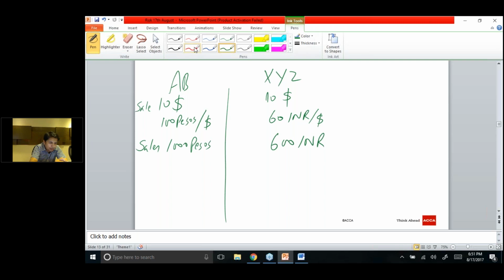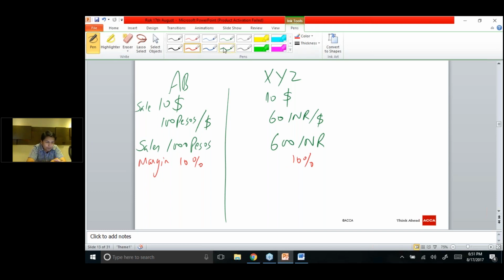And both companies are earning a margin of 10%. Okay, both have a fixed number of customers. Both are exporting at a price of $10. The quantity and the quality of products are the same, and both are earning a 10% margin.